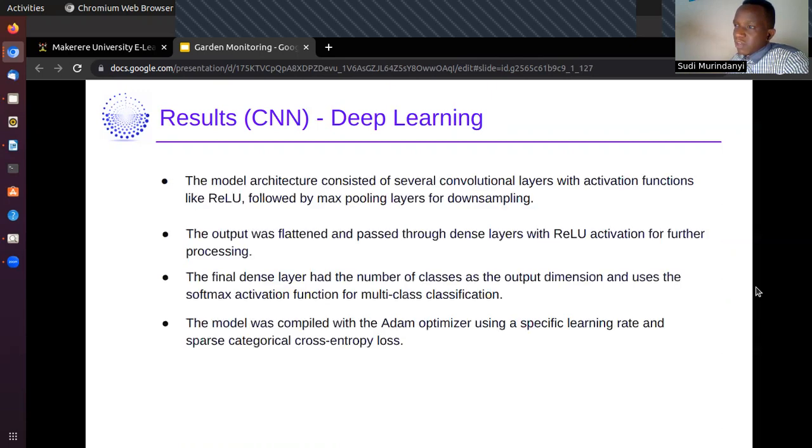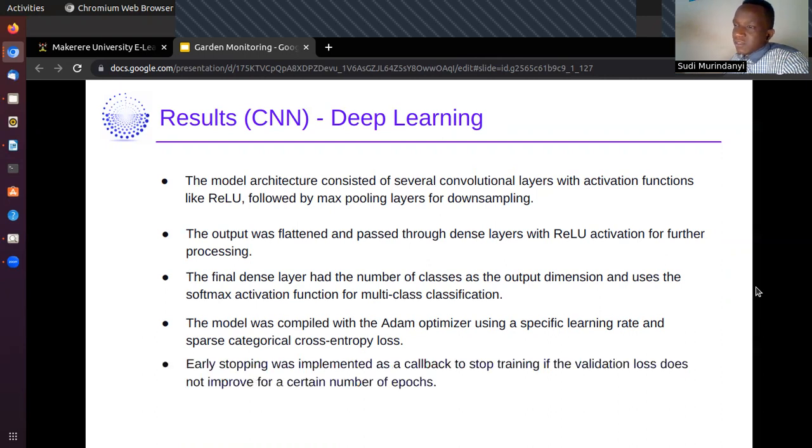For the CNN model, I used a very simple one with a couple of convolution layers followed by max pooling layers, and then flattening those features and passing them to a dense layer. And here I was using the Adam optimizer, a learning rate of 0.0001, and cross entropy loss with early stopping to avoid overfitting.